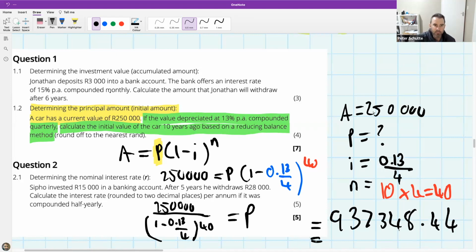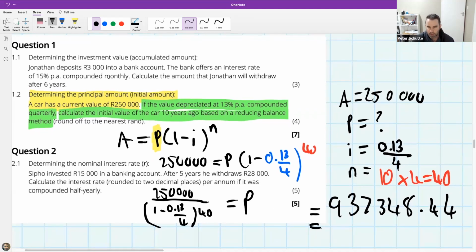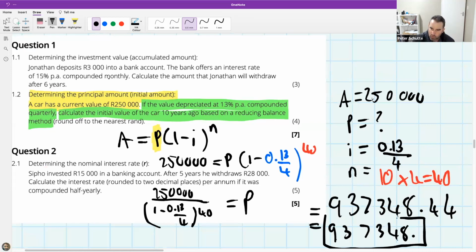Now, in financial maths, the nearest value here would be 937,348 because you would round down, although often in financial maths we round up, but in this case it's actually ambiguous as to which one you would use. So as long as you round about that, I'm happy. Okay, any questions or comments about that one?